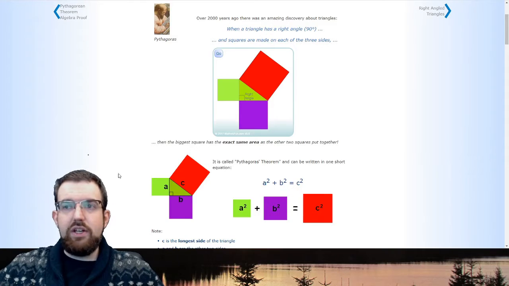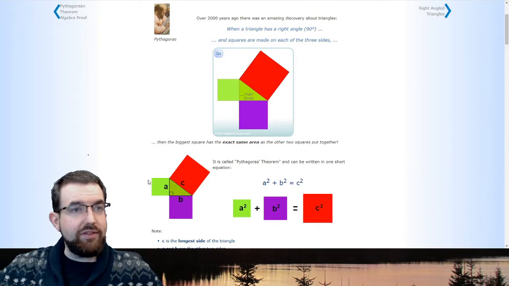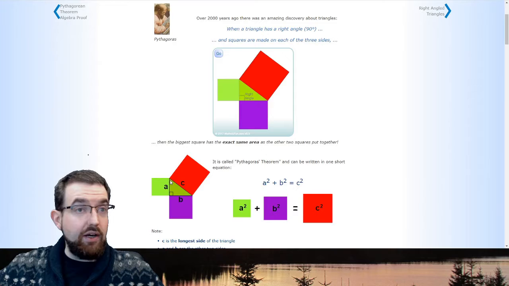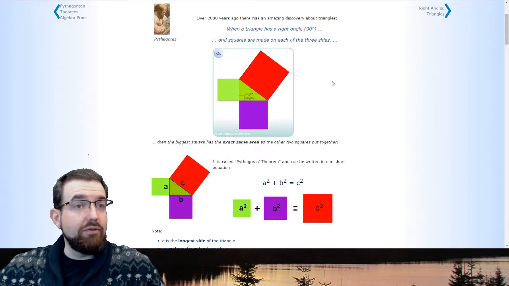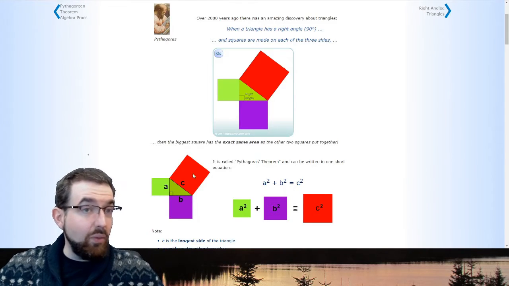I just wanted to show this one here because it's a good example of what's going on, right? The square made from side A, the smaller side, combined with the square from side B, the other small side, equals the square from side C. And that's the root of how we get sine and cosine waves out of this, right?